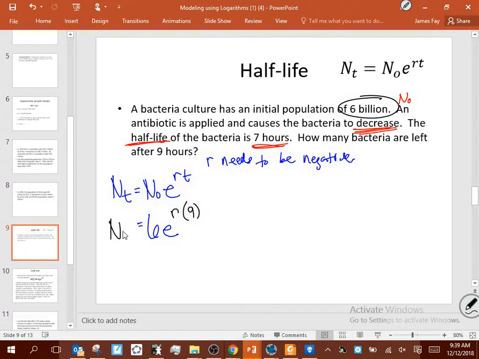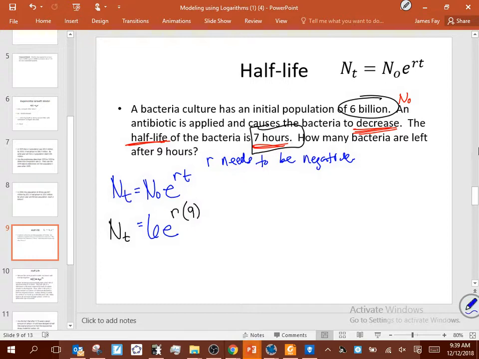Now, my question is, how many variables do you have left over in that equation? You have two. You have r and you have N sub t, right? Our goal is to solve for N sub t. That's what we want. So we've got to find r. And all the other information that they provided us, and numerically it's only this number right here, is going to allow us to find r.